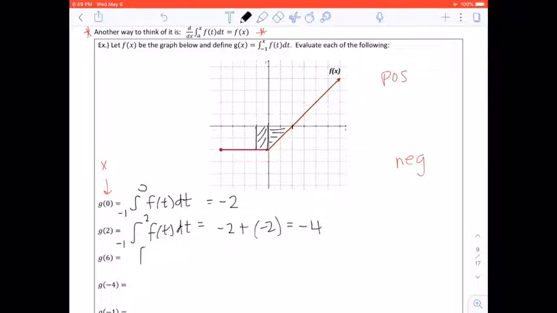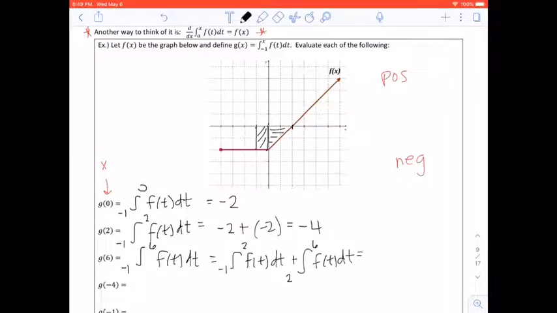G of 6 is going to be the integral from negative 1 to positive 6 of f of t dt. And so if we think about this, you guys can think about it as going from negative 1 to 2 of f of t dt plus the integral from 2 to 6 of f of t dt.